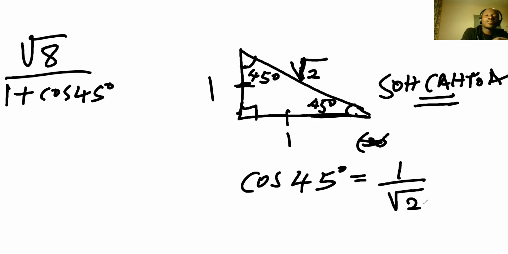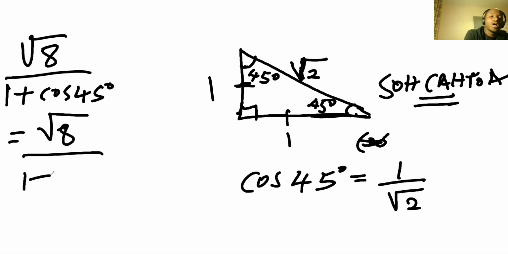Now here, this will therefore be equal to root 8 over 1 plus 1 over root 2. So you have it like that. Then now you rationalize the denominator.